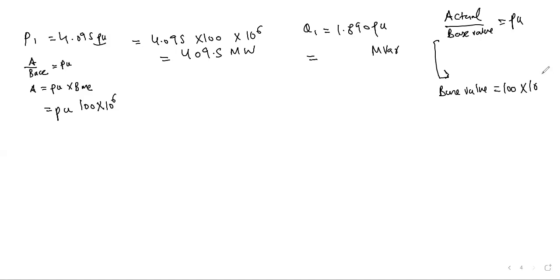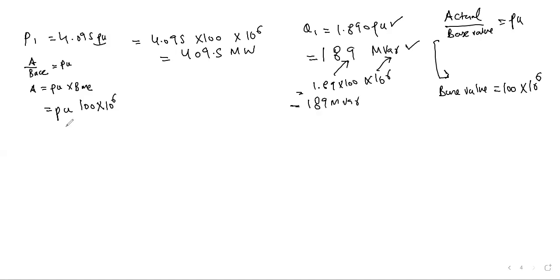Now you can tell me, if this is 1.890 per unit, in MVAR how much would it be? It will be 1.890 into 100 into 10 power 6. So it would be 189 MVAR, because 1.89 into 100 will give you 189 and this 10 power 6 term will give you MVAR.